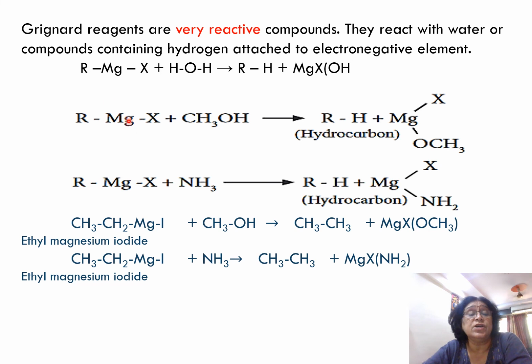Here, instead of RMgX, if I take ethyl magnesium iodide reacted with methyl alcohol, then ethane is formed along with methoxy magnesium halide. Then if I take ethyl magnesium iodide reacted with ammonia, then ethane is formed along with amino magnesium halide. Clear?